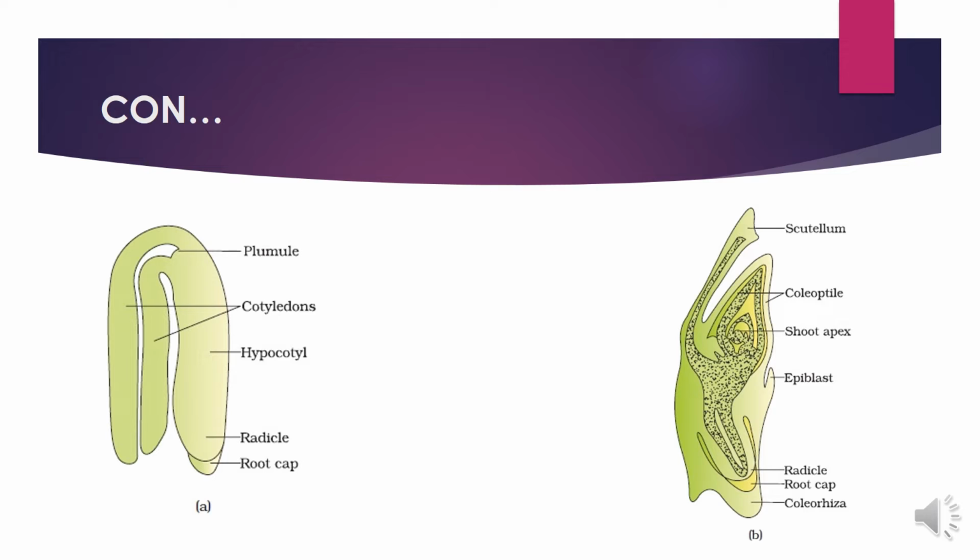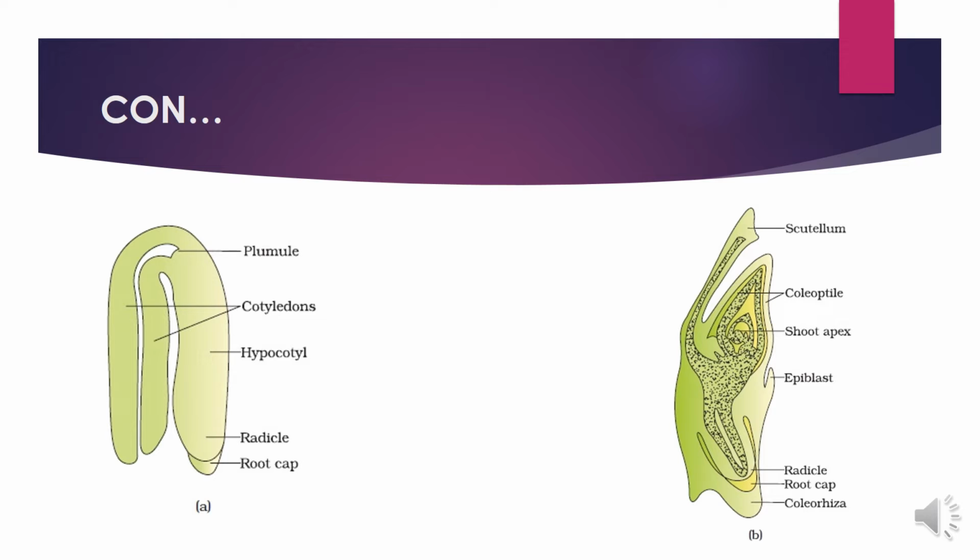The cylindrical portion below the level of cotyledons is the hypocotyl, that terminates at its lower end in the radicle, or we can say root tip. The root tip is covered with a root cap. You can clearly see in diagram A.